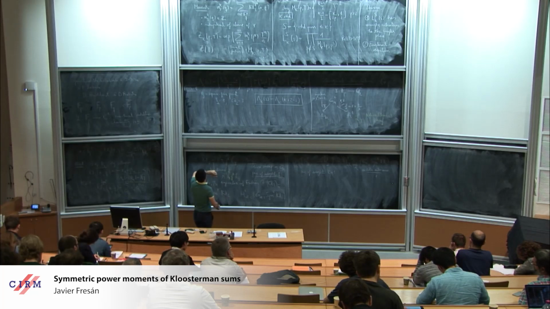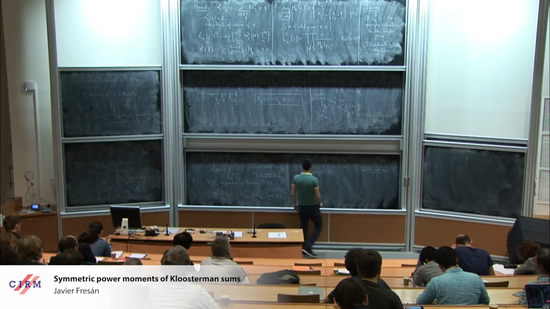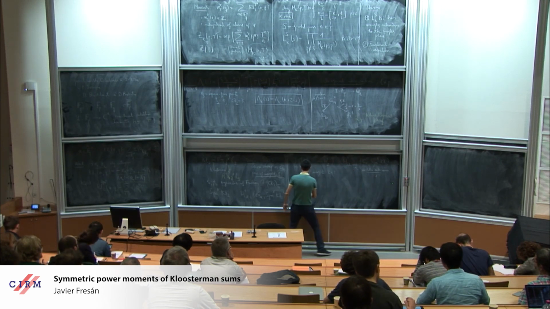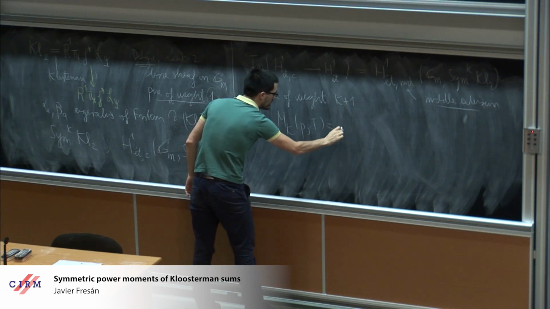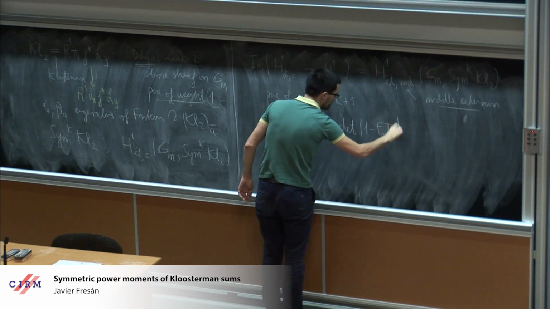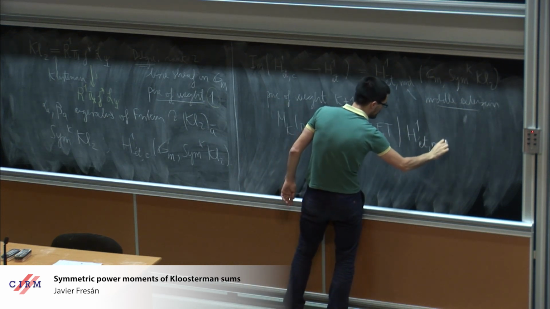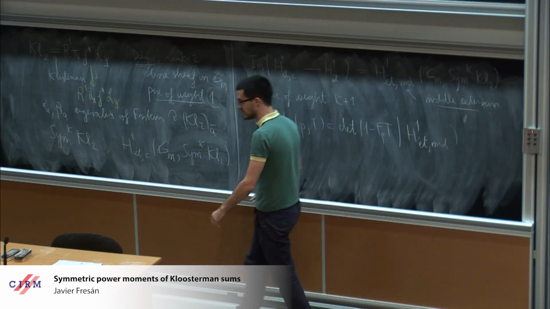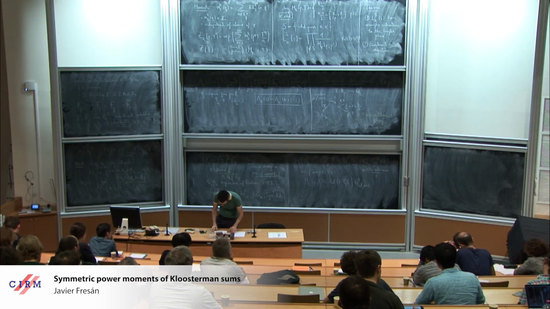And the polynomial we had there, M_k, is exactly the characteristic polynomial of Frobenius acting here. Okay, so that's the situation over a finite field.